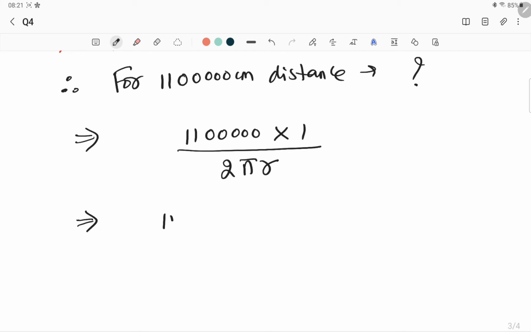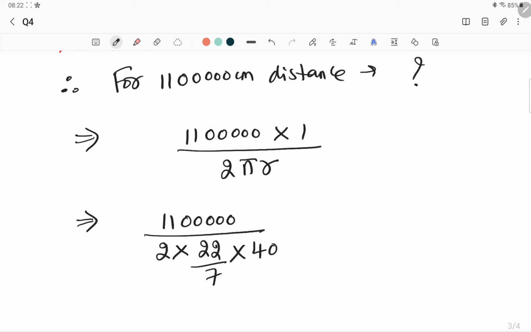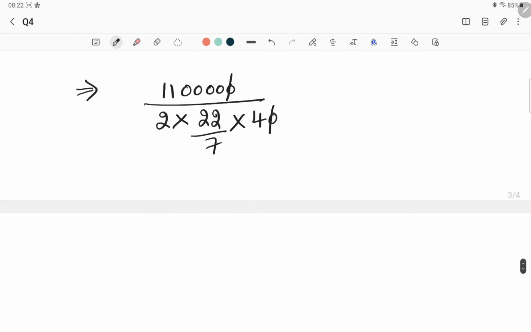Let us substitute the values: 1100000 divided by 2 into pi, which is 22 by 7, into r. R is 40 centimeter, that is also known. 10 and 10 get cancelled. Then we are going to have 110000 into 7, because the 7 has to go above. Then divided by 2 into 22, which is 44.